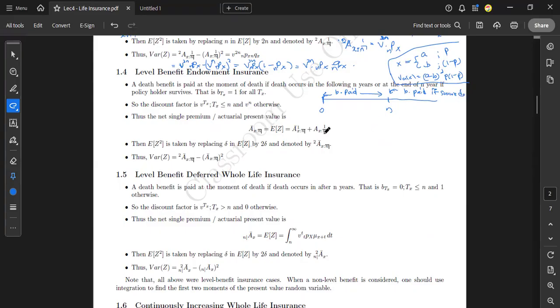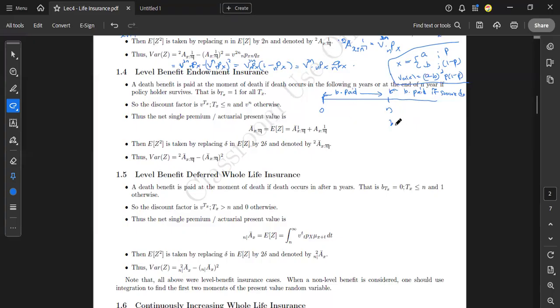So suppose a person who is at age 25 purchases a 20-year term life insurance. Then if that person survives for 20 years, that means at the age 45, the survival benefit is paid. That is the pure endowment part. But if that person dies within the next 20 years, the benefit is paid at the moment of death.